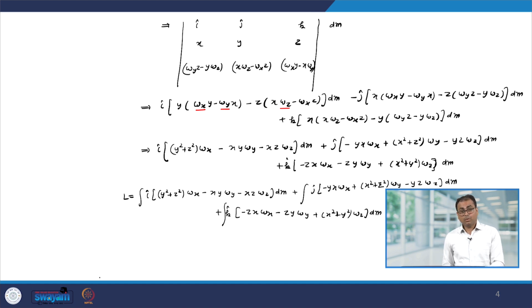Okay. Now note that this ω_x, ω_y and ω_z are independent of the ith particle because the body is making a fixed axis rotation. So therefore they can be taken outside the integral.